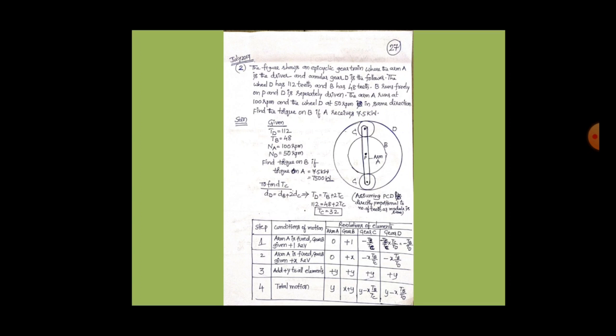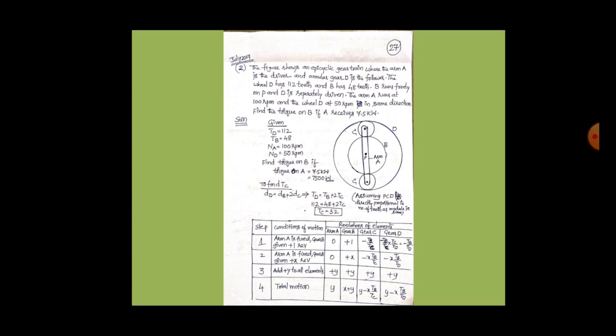There are 2 planet wheels which are named C, and 1 internal gear D, and an arm A. So there are totally 4 elements: arm A, wheel B, planet wheel C, and internal gear D. Out of these, for the arm it is not required, only 3 gears or wheels B, C, D, out of which I know the number of T's on D, which is given as 112, and the number of T's on B, which is given as 48. Still I need the number of T's on the planet wheel.